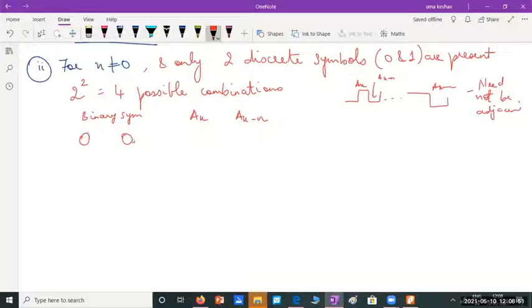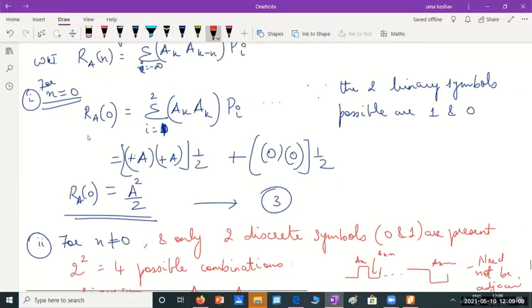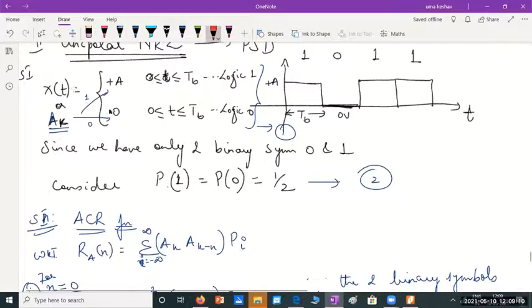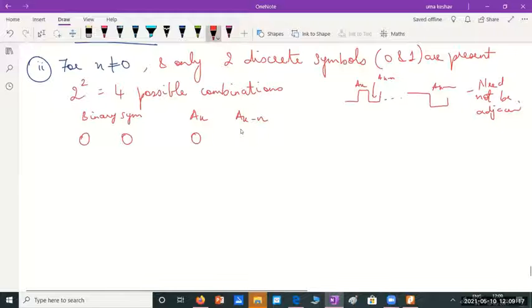So for the given binary representation 0 and 0, AK value, remember the amplitude, what is the amplitude to represent 0? Binary 0 is represented as amplitude 0. You have to remember this definition. AK is 0 for logic 0 and plus A for logic 1. So when both are 0, this product AK into AK minus N will become 0.